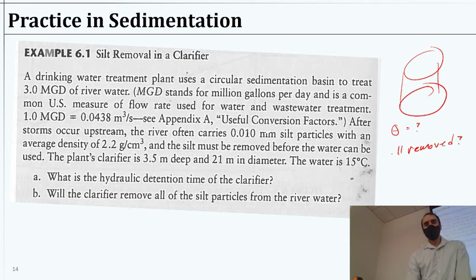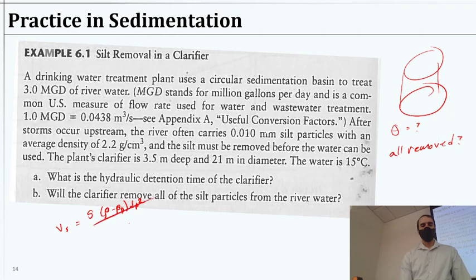And one thing I'll note here is make sure you're tracking your units. If you take a look back at our velocity equation, it was g times (rho minus rho p) times the diameter of the particle squared, divided by 18 mu. Pay attention to those units because you're going to need meters, not millimeters.